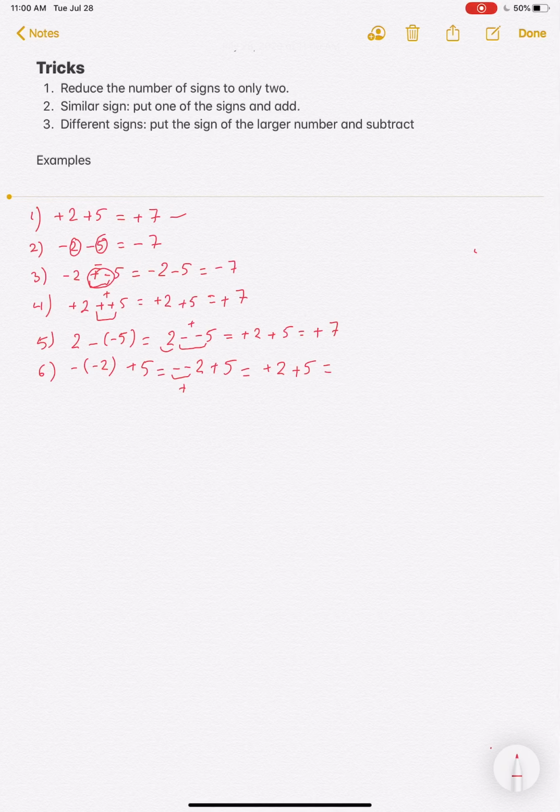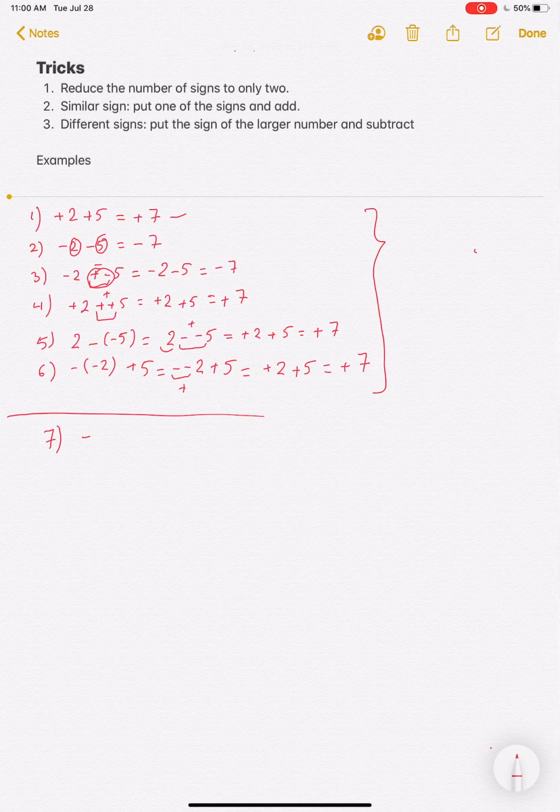Positive and positive is positive and 7. Now, what I want you to notice here, all the cases that I just covered, all of them with similar signs. Let's move to example number 7.